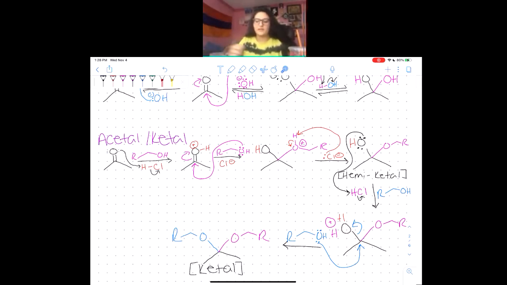I know this was kind of a long mechanism. Do you guys have any questions? Yes, I can definitely repeat that. So in an acid catalyst, you will go all the way to the ketol. If you have a base catalyst or no catalyst at all, you will just stop at the hemi-ketol.